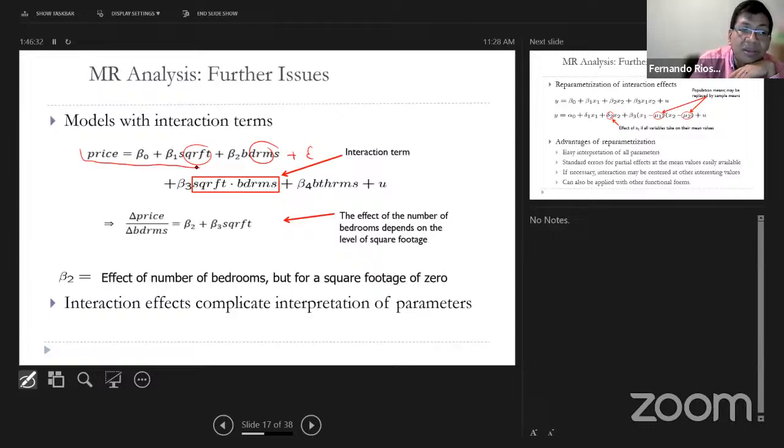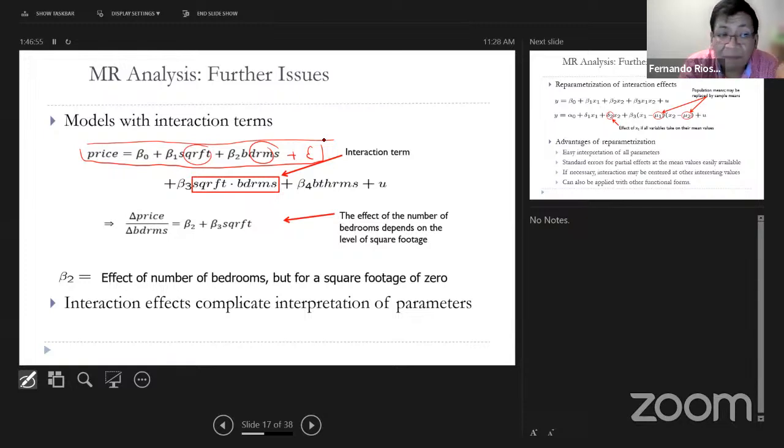So let's assume that this is the model that I'm interested in, and I run this model. What this model is telling me is that the impact of the size of the house and the number of bedrooms of the house, how these variables move, is going to be completely independent from each other when you're trying to measure the impact on the price of the house.